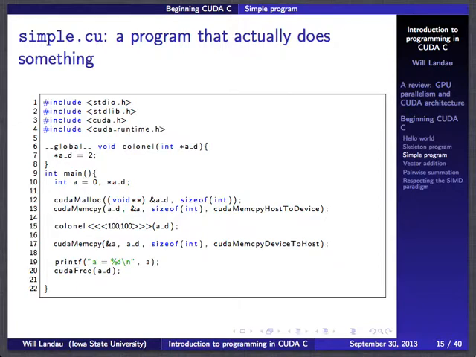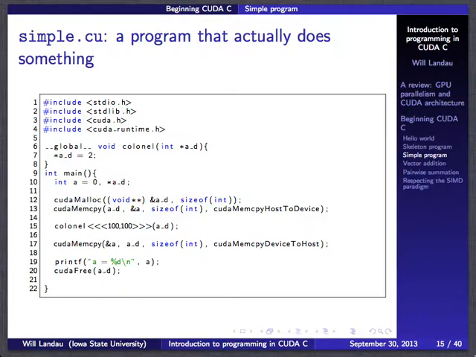So remember, the next step is allocating memory. Since this a, I just set it to 0, it's a regular int, I don't need to allocate memory for it. But I do need to allocate memory for a_d on the GPU. There's a function called cudaMalloc that does that. It actually takes a pointer to the pointer that I want to fill.